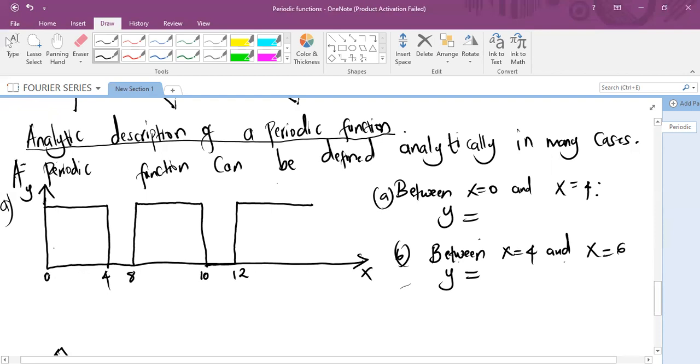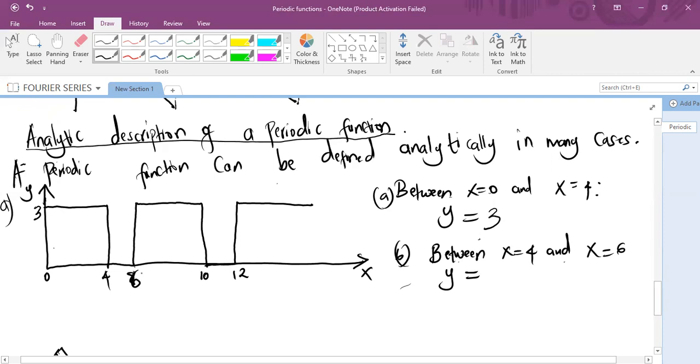At x equal to 0 and x equal to 4, this is a straight line. As you can see, the value of y is constant. Let me call this 3. So between x equal to 0 and x equal to 4, y is equal to 3. Between x equal to 4 and x equal to 6. Why do I have this as 8 here? This is 6.